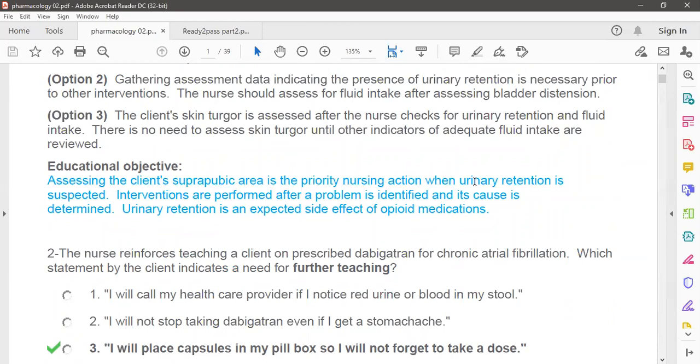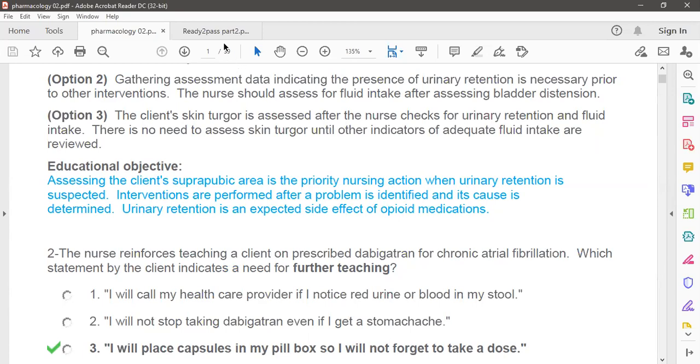Again, I said in the nursing process, assessment comes first, then diagnosis, then planning, implementation, and evaluation. Interventions are performed after the problem is identified and determined. Urinary retention is an expected side effect of opioid medication.